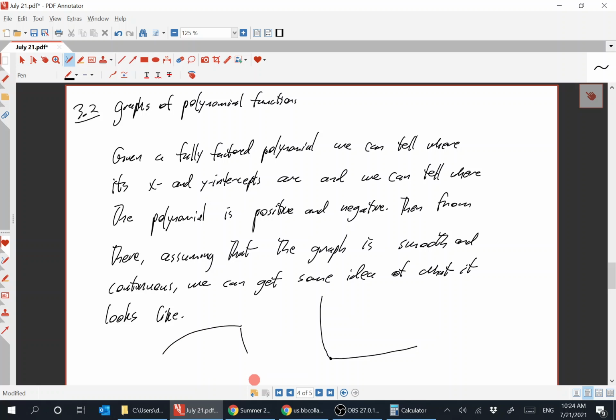There's no kinked parts. Right? Nothing like this happens. So all the curving around should be smooth on these things. Why that is, that's something you'll discuss next semester in calculus. But the graphs should not have any such points.